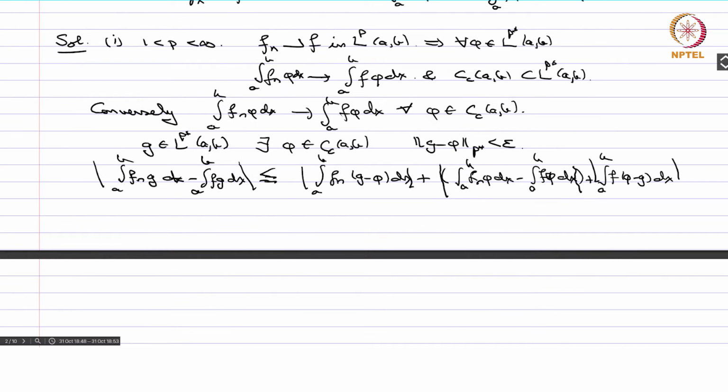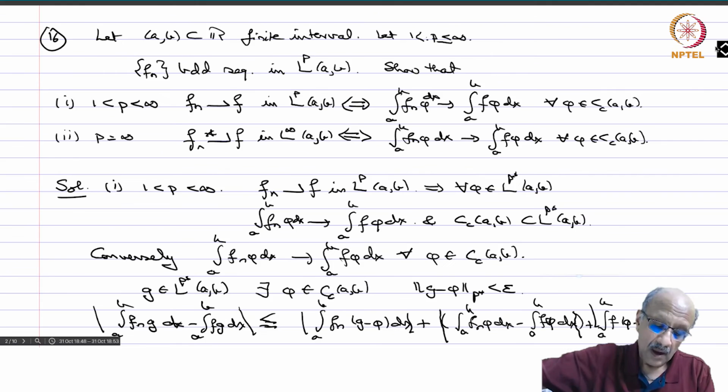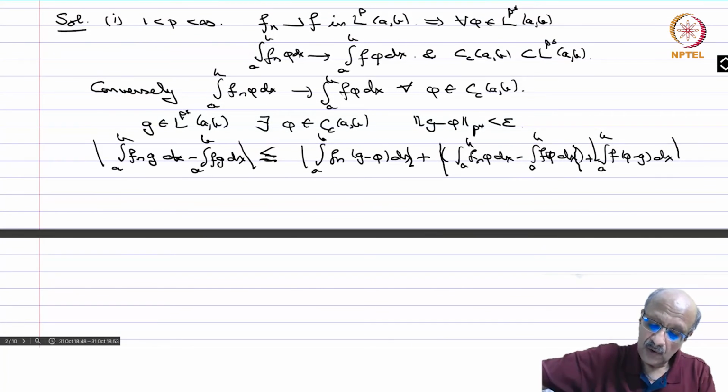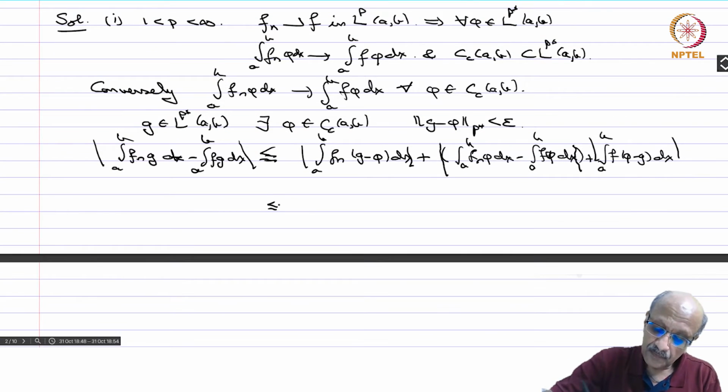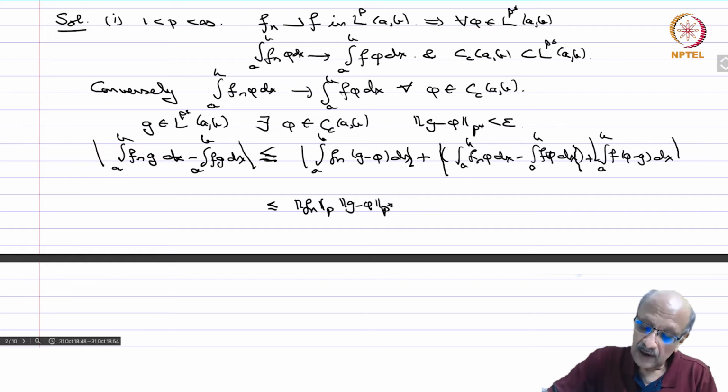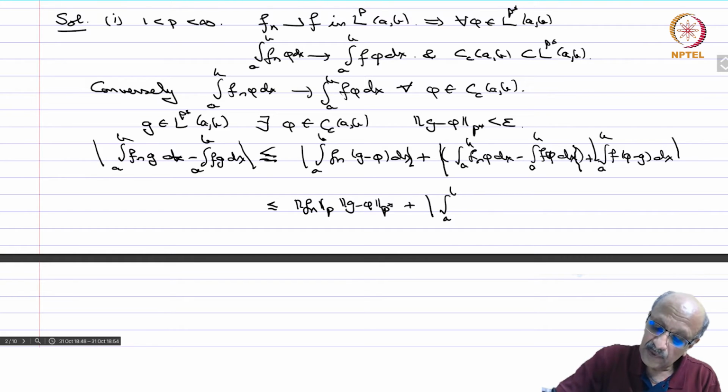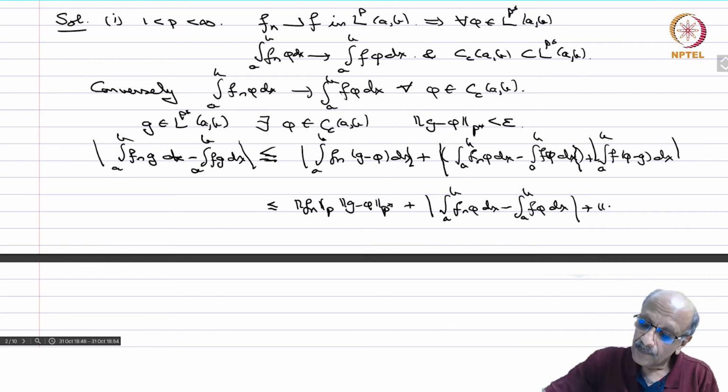Okay, so f_n is given to be a bounded sequence in Lp. So this is less than or equal to norm f_n in Lp times norm g minus phi in p star by the Holder inequality, plus mod integral from A to B of f_n phi dx minus integral from A to B of f phi dx, plus norm f in p times norm phi minus g in p star.